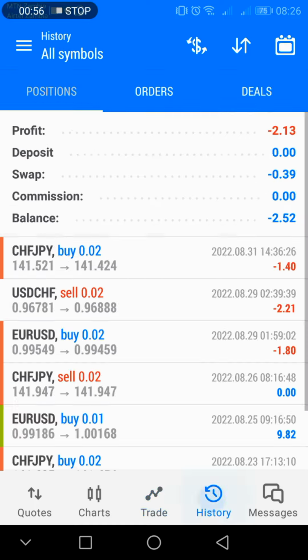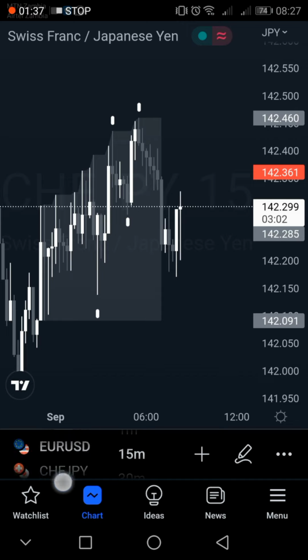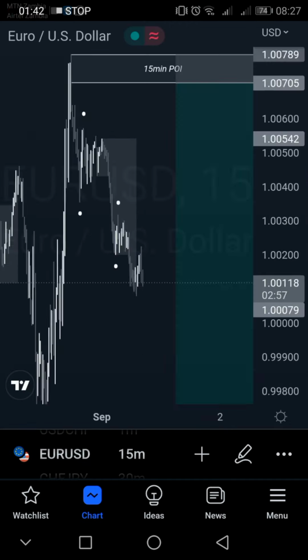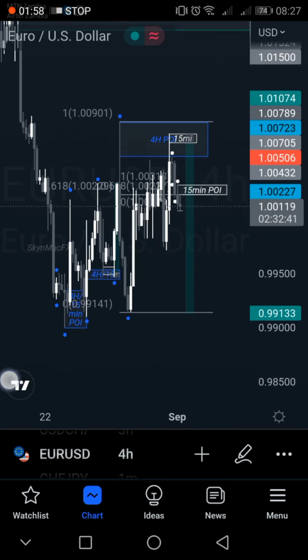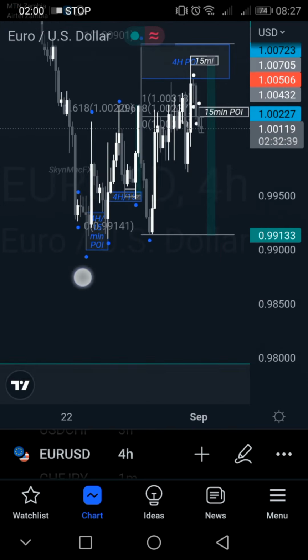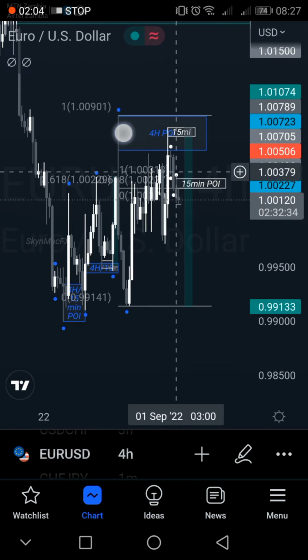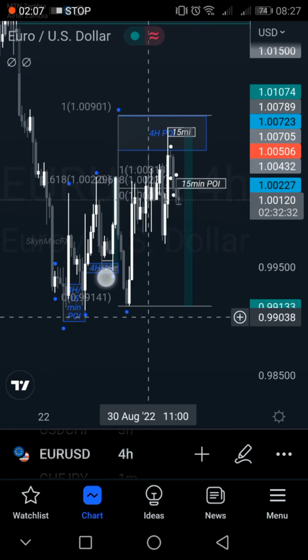Otherwise, let me show you the logic to the trade. EURUSD. If you notice, EURUSD is actually on a downtrend on the 4H. We can see the 4H was very bullish until we formed this change of character right here.